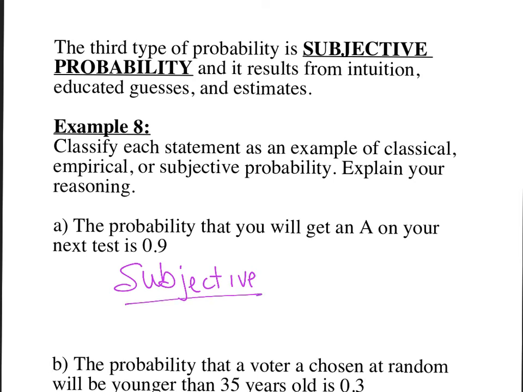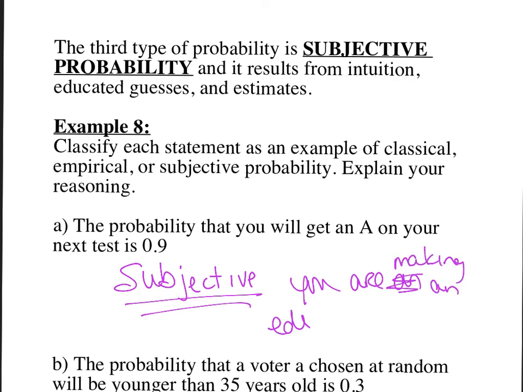The reason it's subjective is you are making an educated guess about your next test. Now you might have done really well on all your previous tests, so you're just kind of estimating that, but you're not actually running an experiment or running anything like that, so you can't call it empirical.